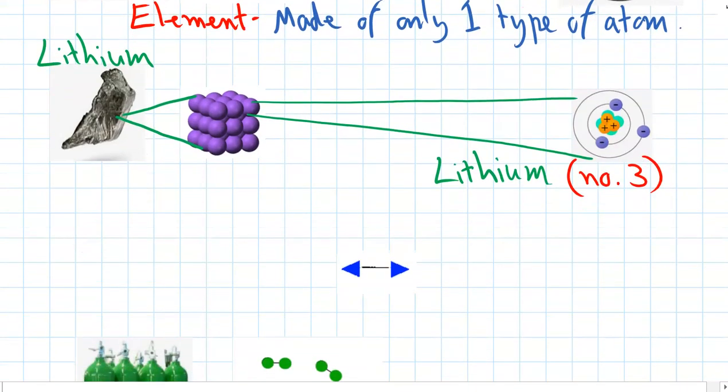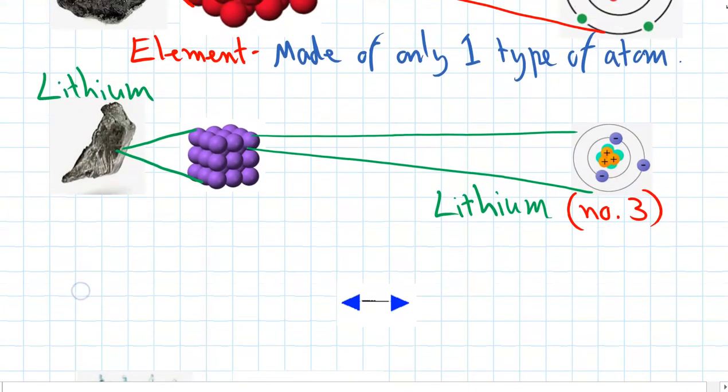But there's another way that elements can exist as well. In some elements, atoms actually join together, like in this example here, where 2 or more atoms join together in what we call a molecule.